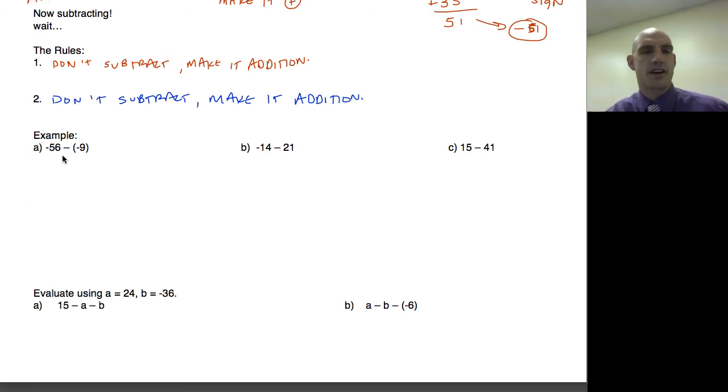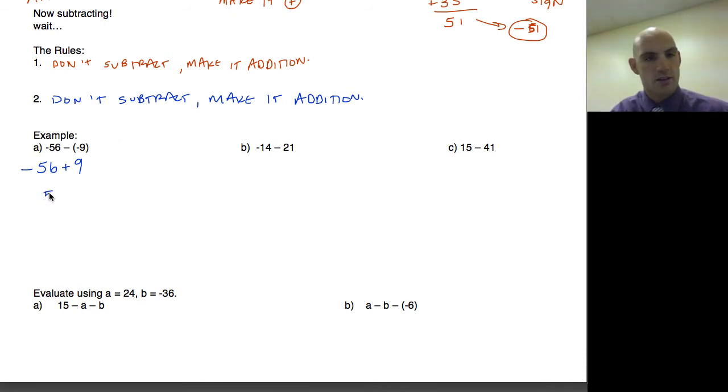I've got negative 56 minus a negative 9. Well, subtracting a negative is the same as adding. And so if I am subtracting a negative, this is really negative 56 plus 9. Let that soak in. If I'm subtracting a negative, it's the same as adding. And so now I have different signs.